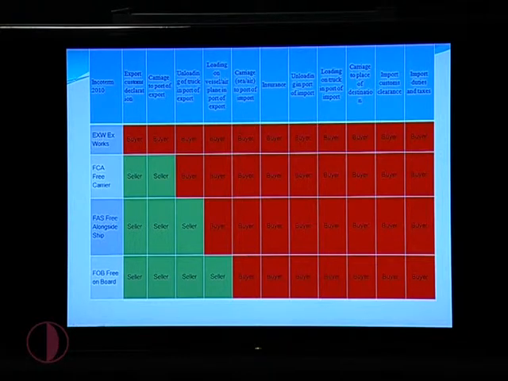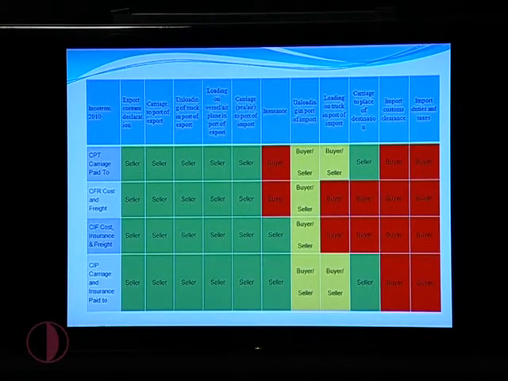Group F, FCA, FAS, FOB, you can see it on the slide, yes. Carriage not paid by seller, main carriage unpaid, transfer of obligation from the terminals of departure for the main carriage. The seller undertakes to deliver the goods at the disposal of the carrier, which the buyer hires himself.